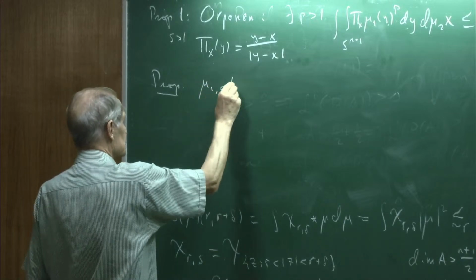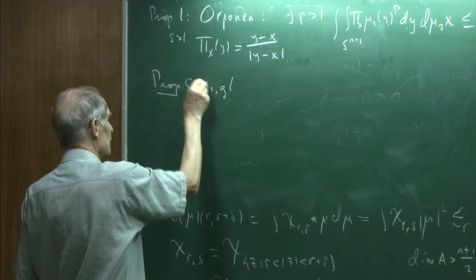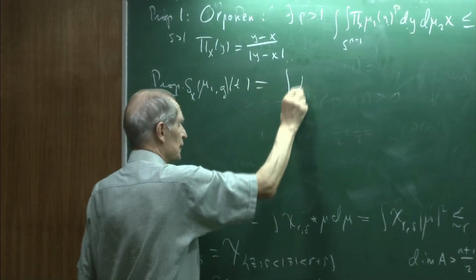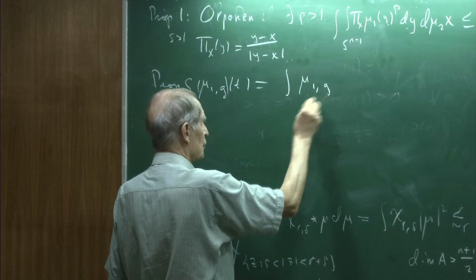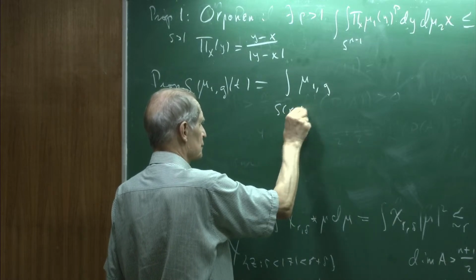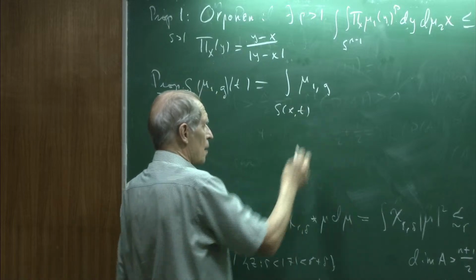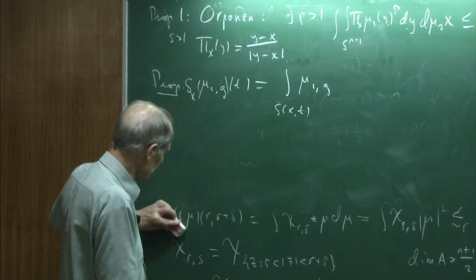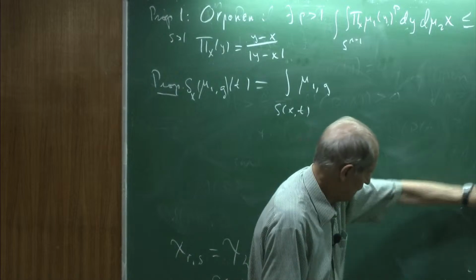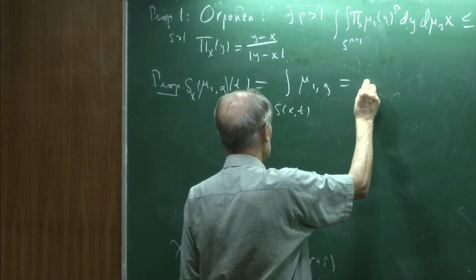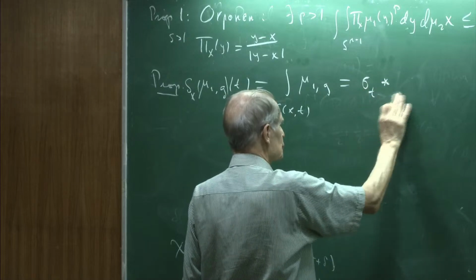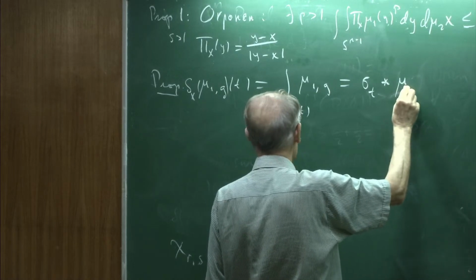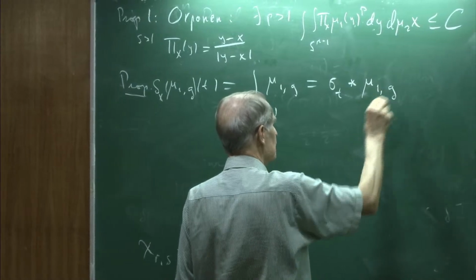Now when mu1 is a function, then this delta x mu1 of t is the integral of the Fourier transform over the sphere centered at x with radius t. You can easily check this, and then you can write this as sigma t convolved with mu1 g.